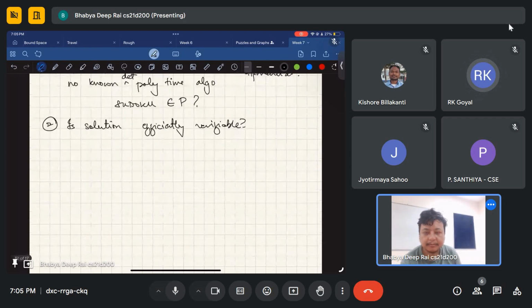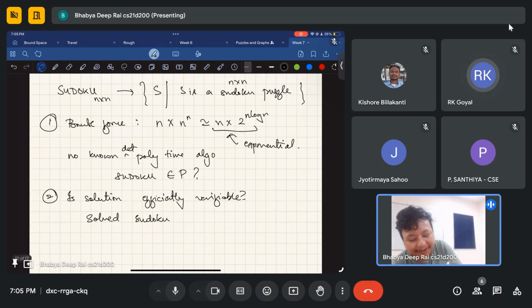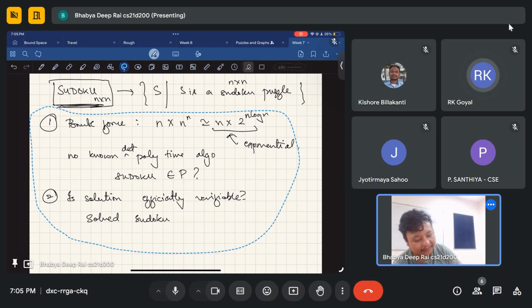That is, if I give you a solved Sudoku, okay, what is the problem that we are trying to solve? In the original Sudoku, the decision problem we are trying to solve is, does there exist a solution for this given Sudoku or not? I want to make that also clear, because that is important foundationally.